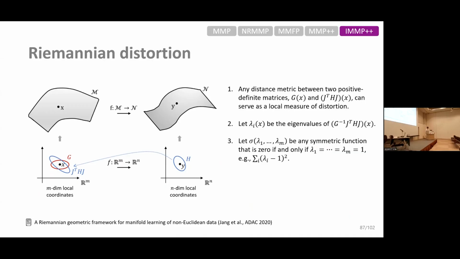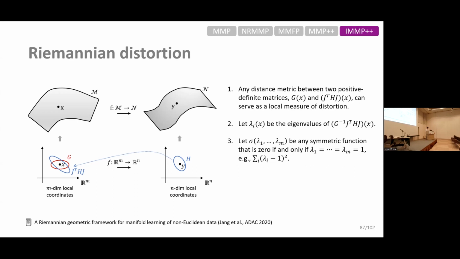For this purpose, we can use eigenvalues of G inverse J transpose H J. It is safe to compute the eigenvalues of this matrix. Note that if all the eigenvalues are equal to 1, then F is an isometry.